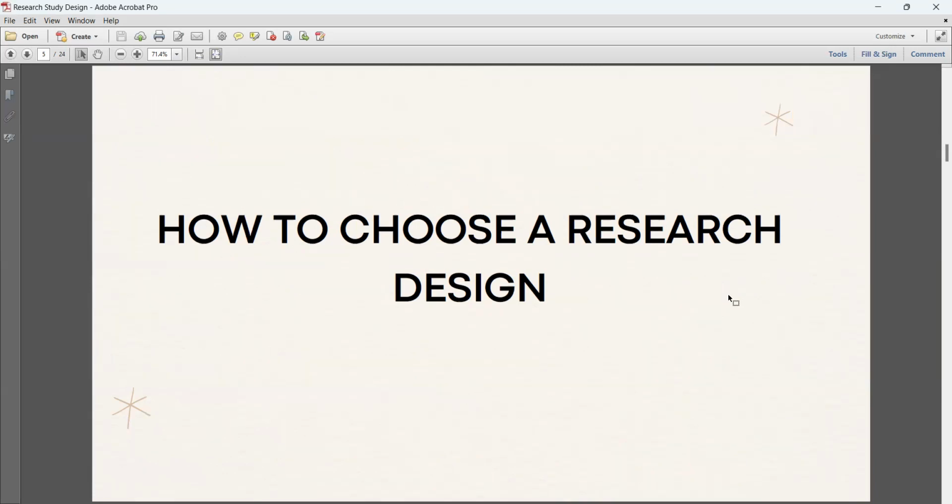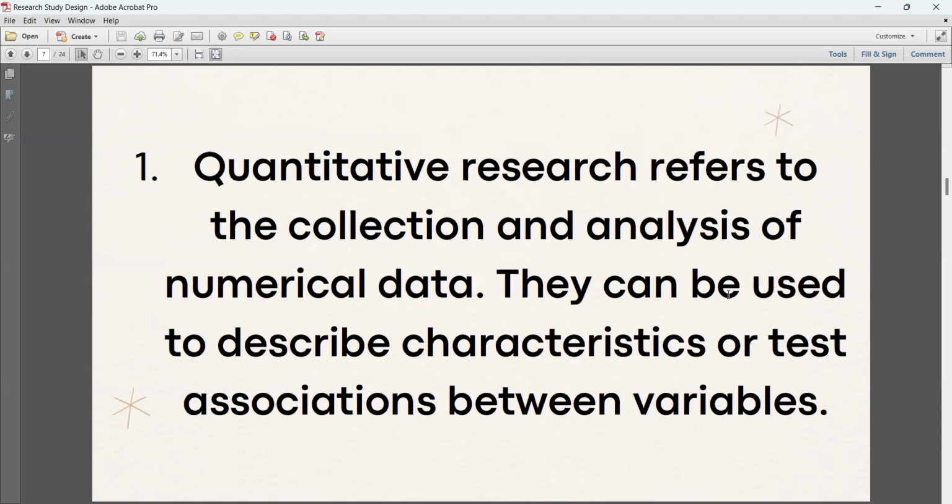So a research approach basically refers to how your research is going to collect data in the field, or the kind of data that you are going to collect in the field, which could be qualitative or quantitative data. So let's go into each of the approaches and see what they entail.